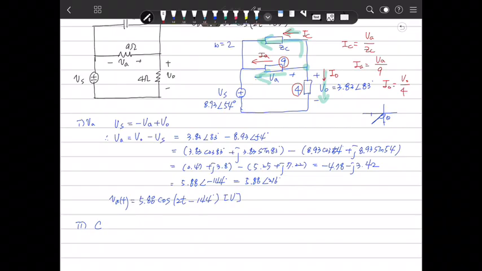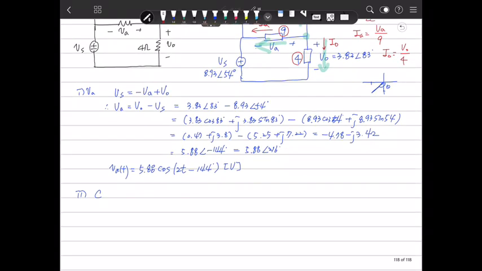So we can rewrite here: VA over ZC plus VA over 9 plus VO over 4 is 0.